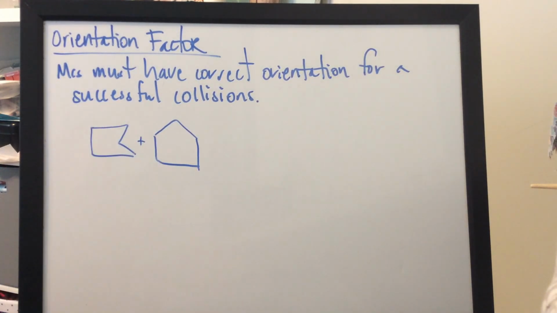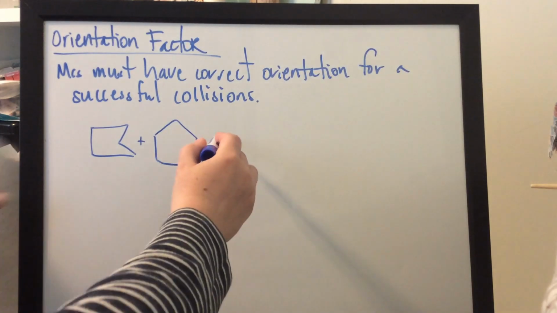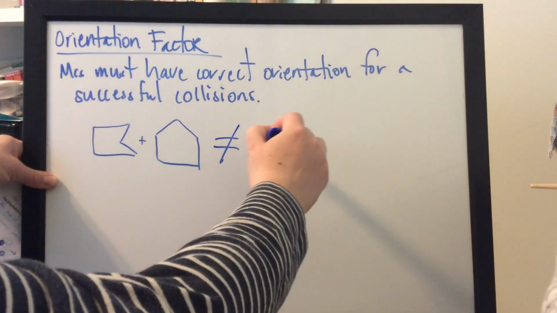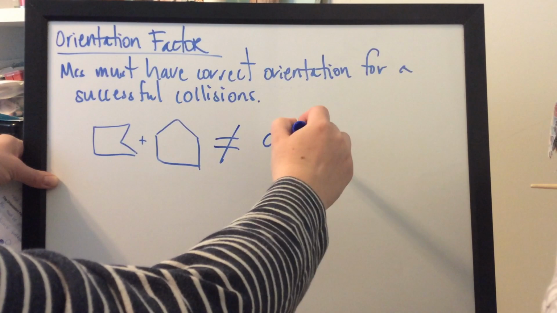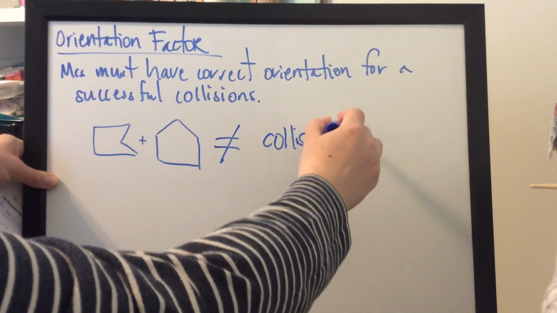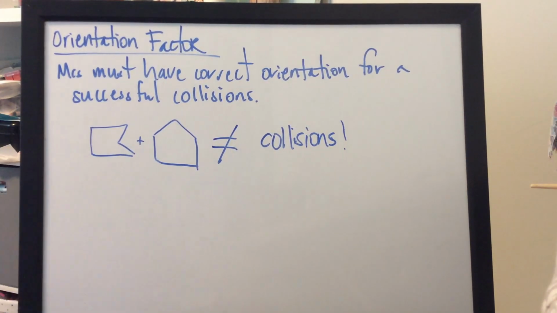Okay, so if those two molecules were able to collide, boom, just like this, right? The way their orientation is, it's not going to equal a successful collision because the orientation is wrong.